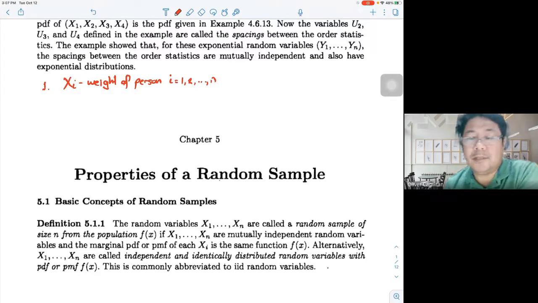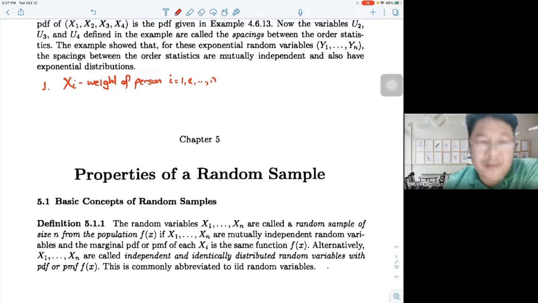In other words, we have a random variable x sub i, and since i is from 1 up to n, we have n different random variables, one random variable for each person.